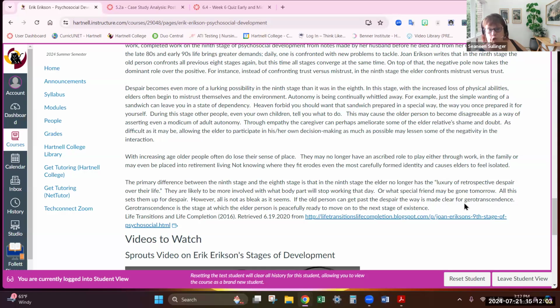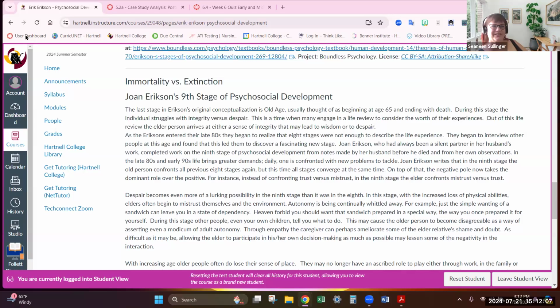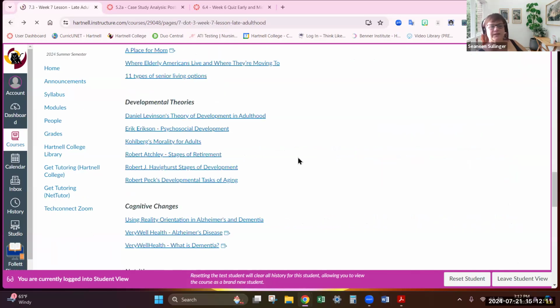Gerotranscendence is the term for that. I just wanted you to learn about that, because I always think that's quite interesting, and I don't think that particular stage gets enough credit. If we're living longer, we need to be looking at that stage.